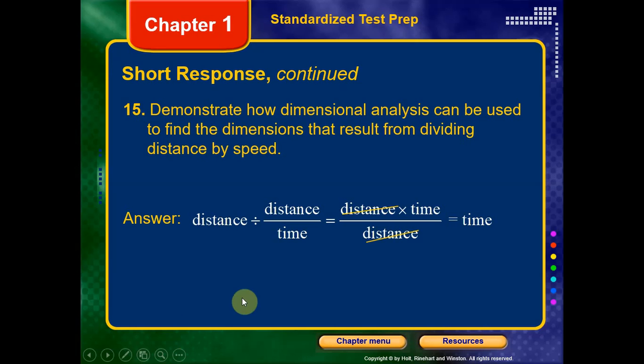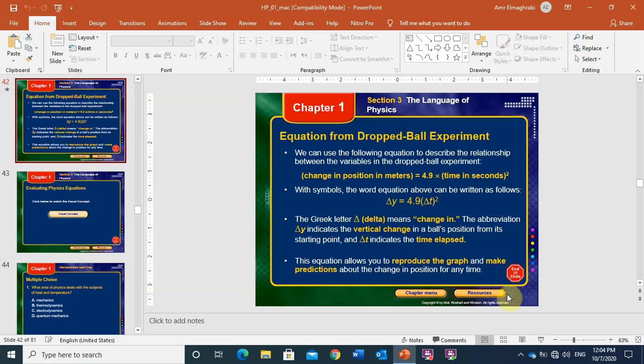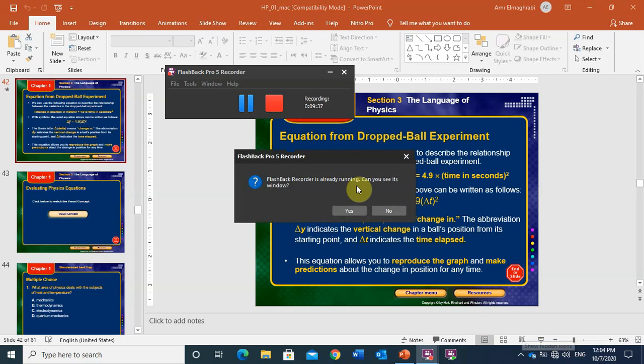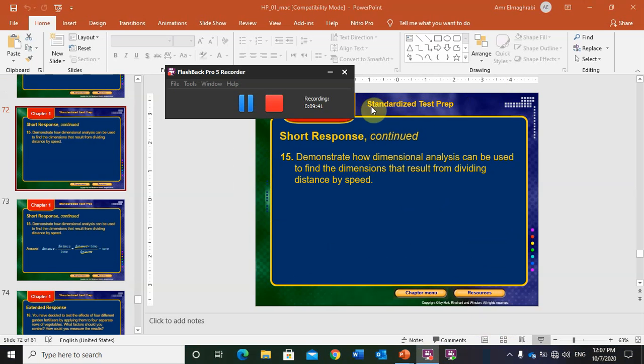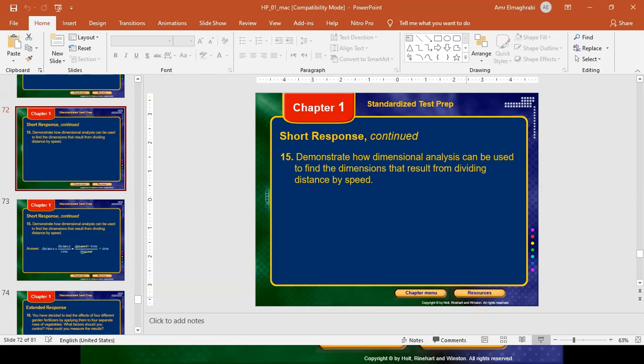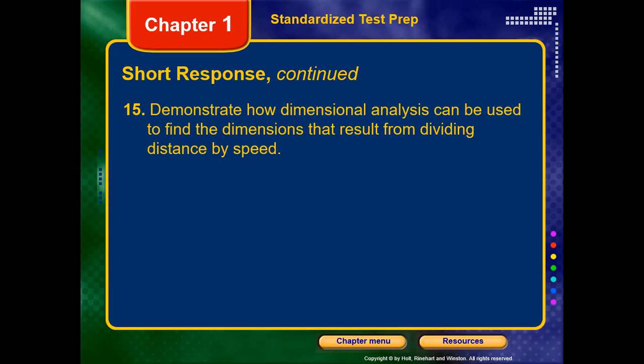Okay, let's answer this question. The question: demonstrate how dimensional analysis can be used to find the dimension that results from dividing distance over speed.